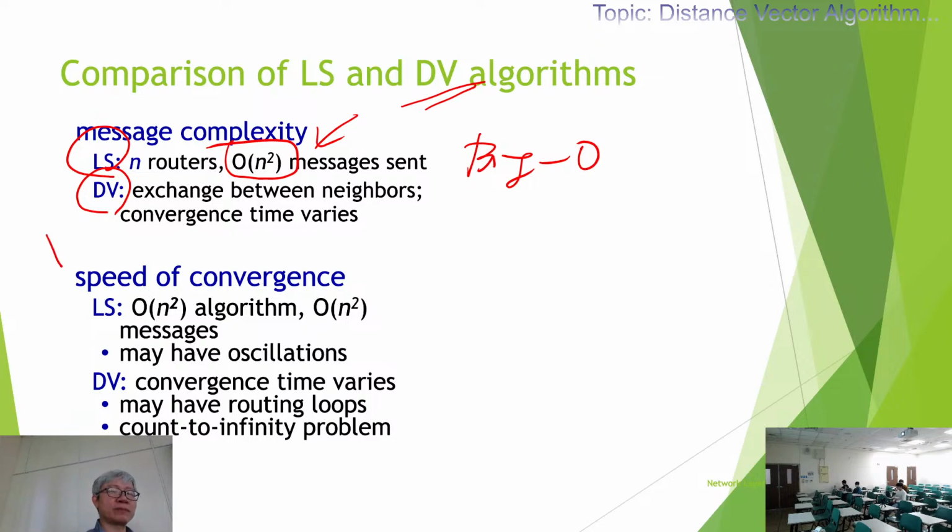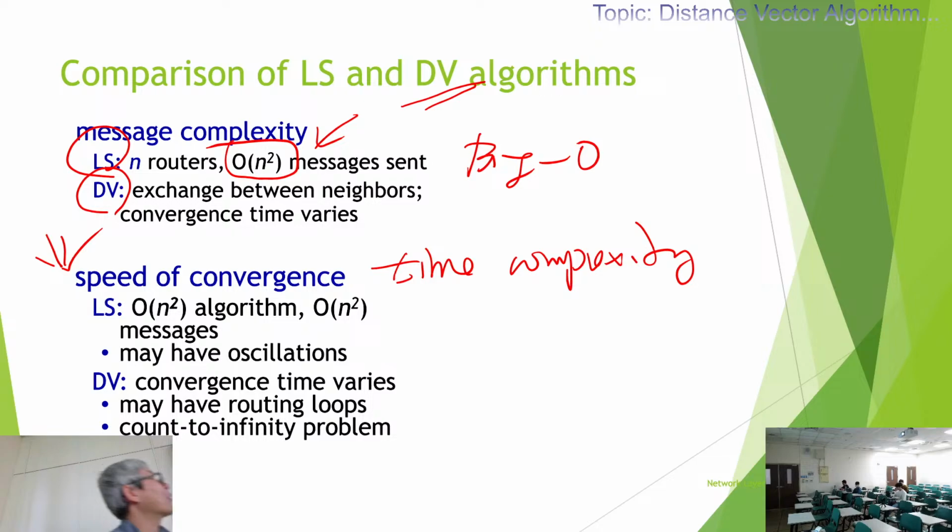And next one, speed of convergence. That says time complexity. For link state, same, we have n nodes, so the order is big O. And we have the problem of oscillations.